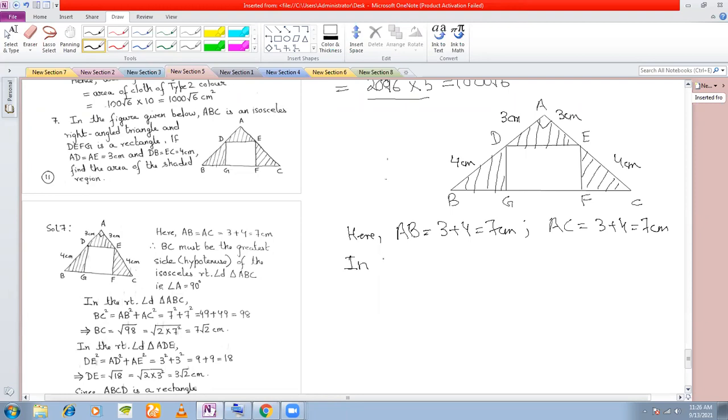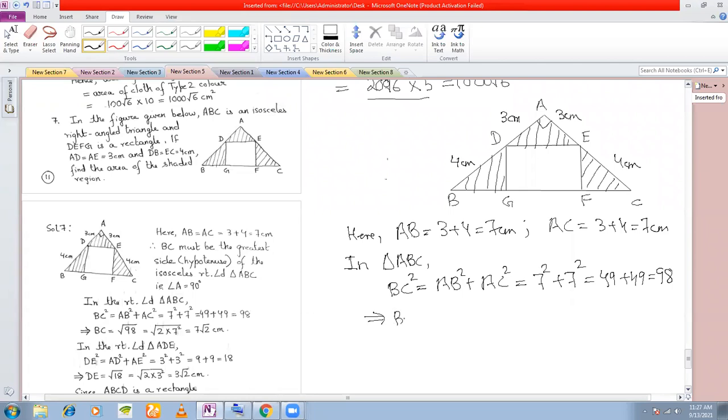So in triangle ABC, BC square is equal to AB square plus AC square, which is 7 square plus 7 square, which is 49 plus 49, which is equal to 98.